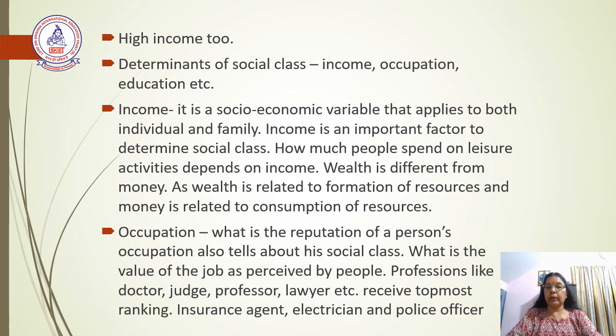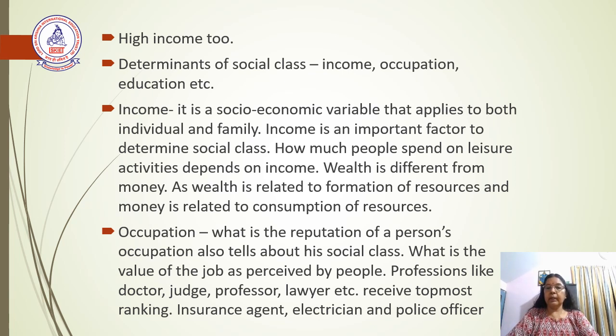So, how do we accumulate our wealth? Wealth is formation of resources. So, do we purchase land? Do we purchase houses? Do we purchase gold? So, how do we accumulate our resources? So, money is how we spend, how do we consume different products.